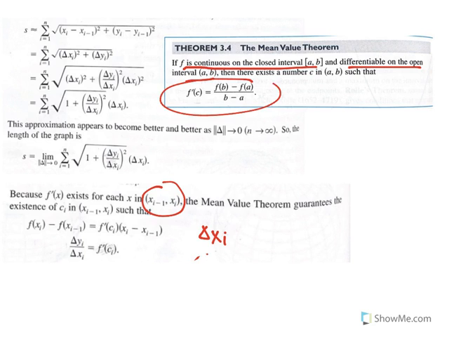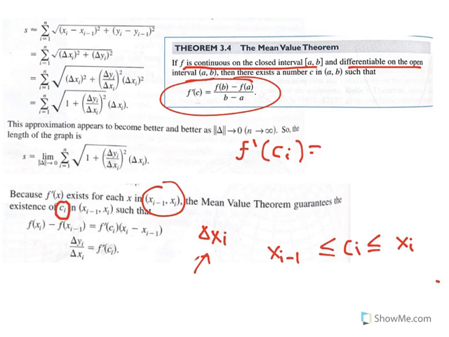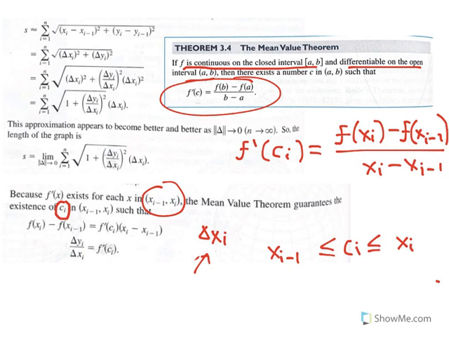So the mean value theorem is applicable, and it would guarantee the existence of a particular x value in the ith subinterval, so c sub I is between x sub I and x sub I minus 1, such that, this is what the mean value theorem tells us, f prime of c sub I is equal to the function evaluated at the right endpoint of the interval, which would be x sub I, minus the function evaluated at the left endpoint of the interval, which would be x sub I minus 1, divided by x sub I minus x sub I minus 1.